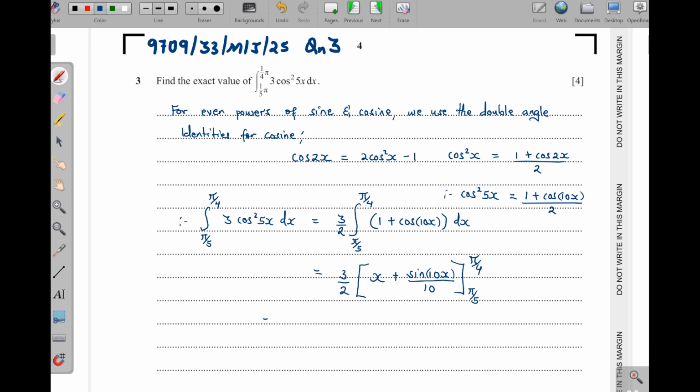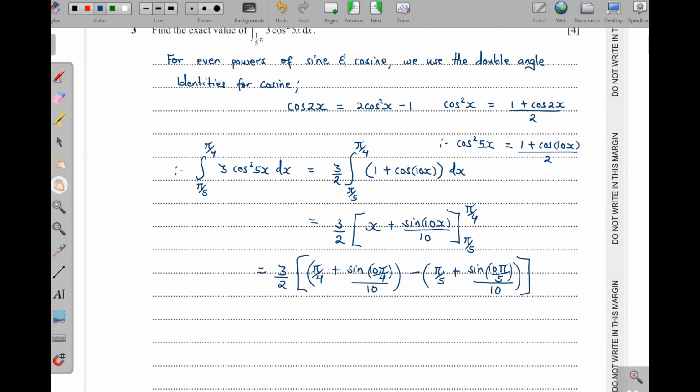So what do we then have? 3 over 2. Then inside here, you'll have pi over 4 plus sine of 10 times pi over 4, divided by 10 here. Then minus, now we put pi over 5 wherever there is x, so plus sine of 10 pi over 5, then over 10. Okay, and that is that.